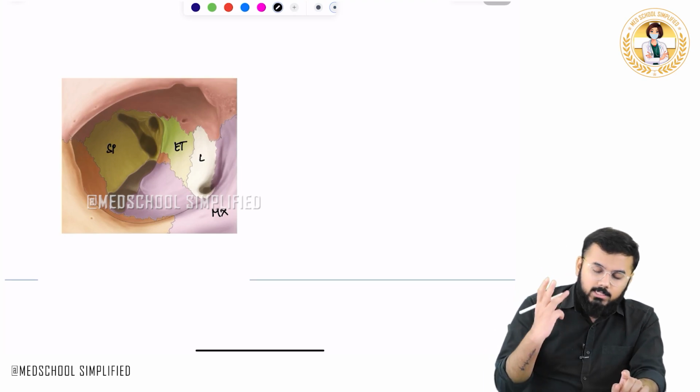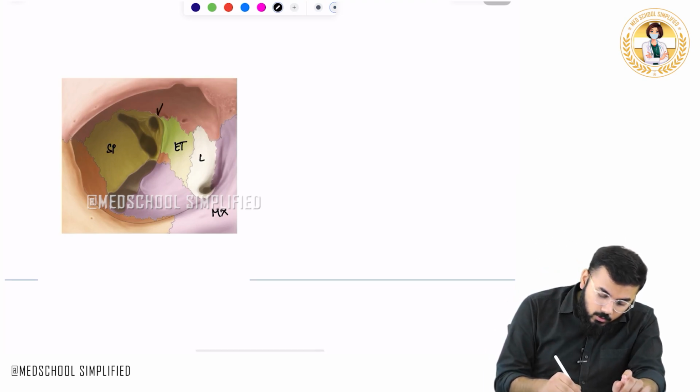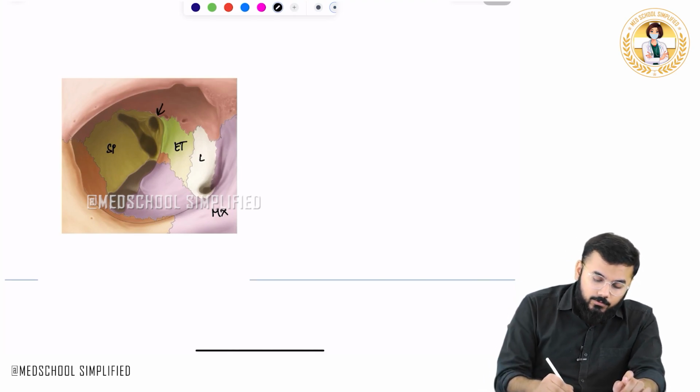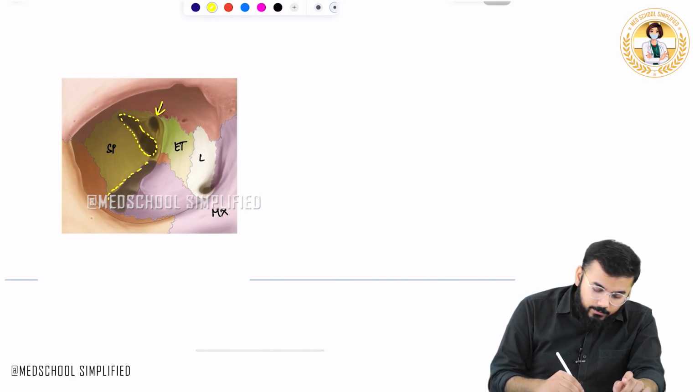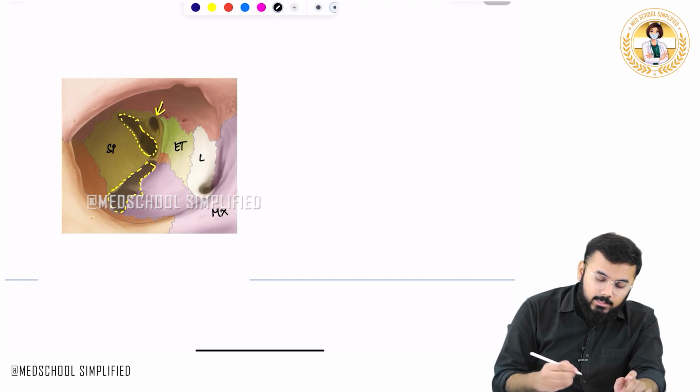Now here you can see three important openings. This is one opening over here, and you can see one opening here, and you can see the third opening here, right? So what are these openings over here?